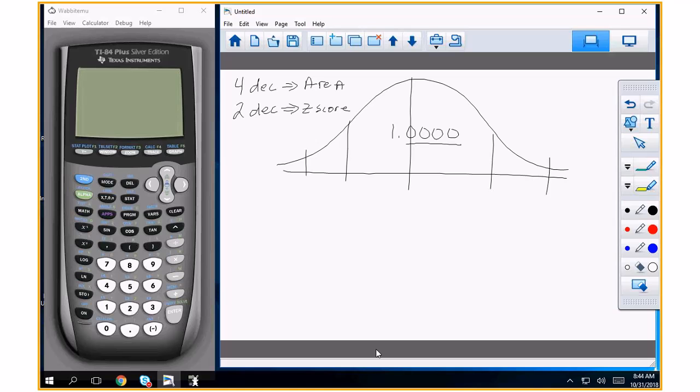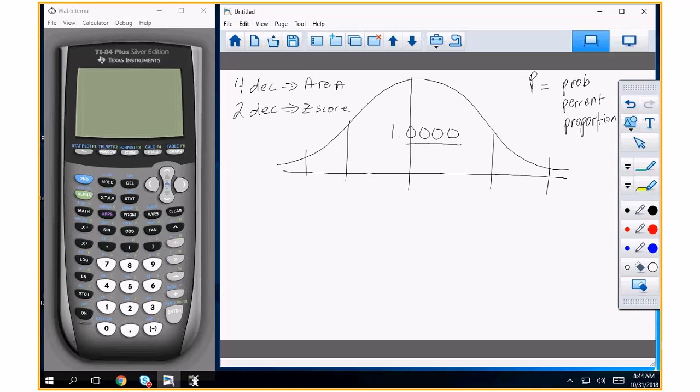Now, the homework will sometimes say the 25th percentile. Well, remember, I've told you this before. P stands for what? Probability. What else? Percent. What else? Proportion.